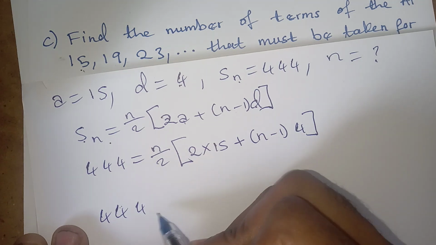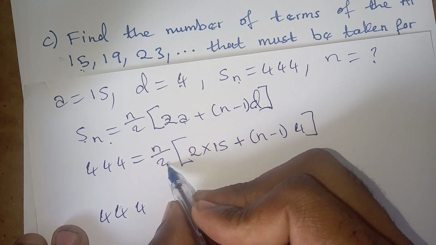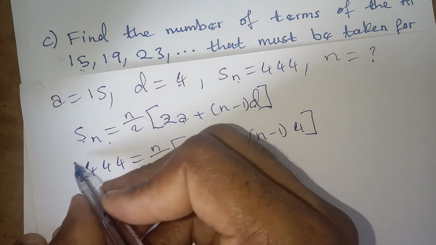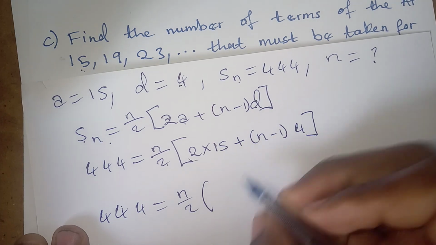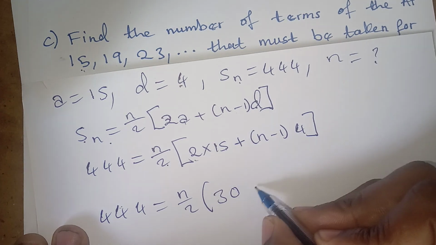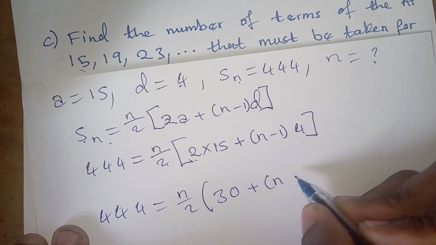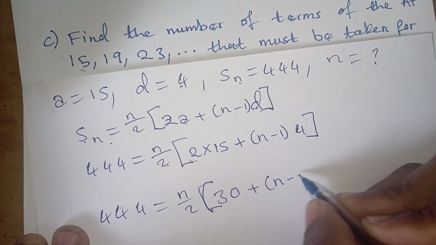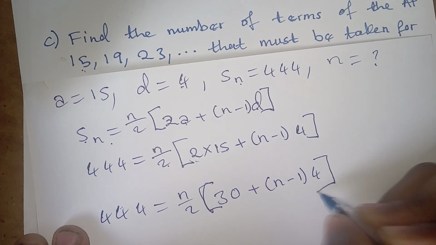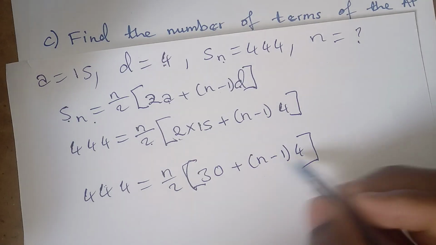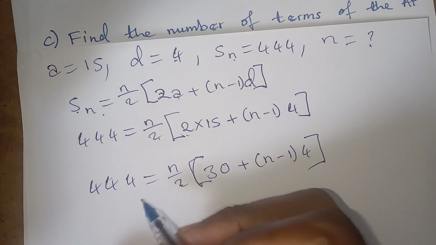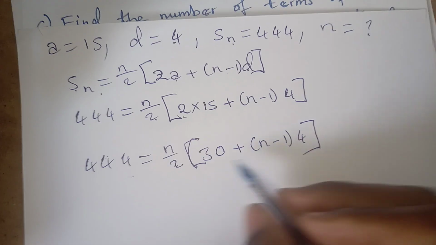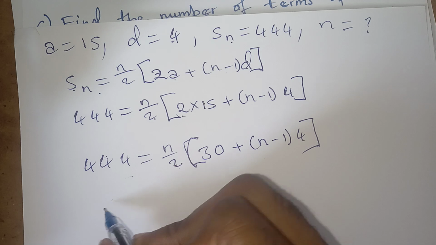Maybe we should multiply both sides by 2 to get rid of the fraction. Okay, maybe later. So this times this will be 30, and then this will be that. Maybe we can expand this, and we may not even need to cross multiply or multiply both sides by 2 because these numbers are all even.